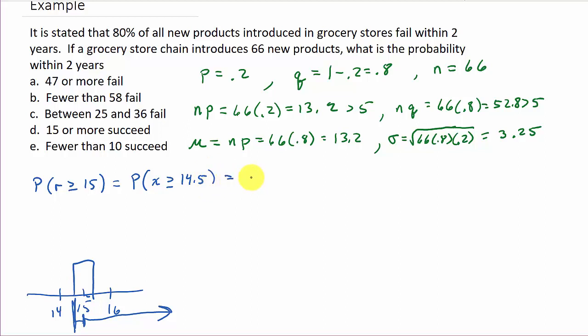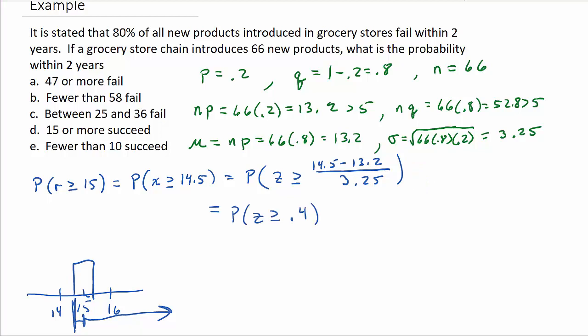So now we've got the probability that z is greater than or equal to, and we've got to convert this to a z-score. Remember, it's x, which is 14.5, minus the mean, which is 13.2 now because we're dealing with success, over the standard deviation, 3.25.